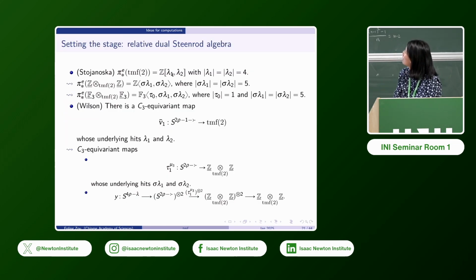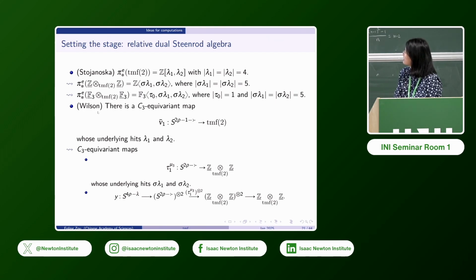It's a polynomial on two generators of degree 4, and C3 acts here as a reduced regular representation. You can compute this via Tor: the relative dual Steenrod algebra is exterior on two generators of degree 5, and mod 3 you have exterior F3, and then you have a tau 0.